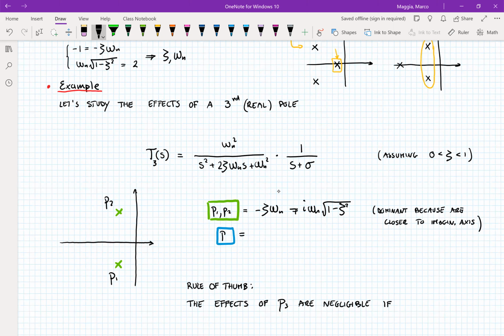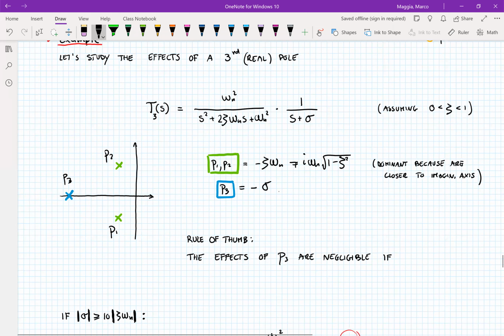And then we're going to have our third pole at minus sigma. And we're going to have this real part more negative. So P3 is more to the left with respect to the pair P1 and P2. Now here there's a rule of thumb, and this is the following.